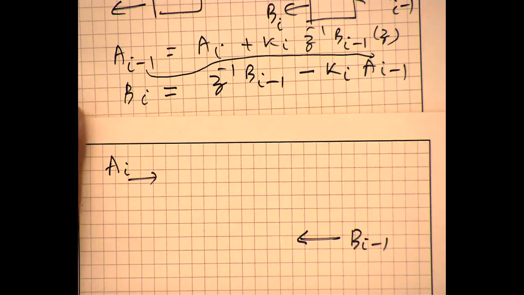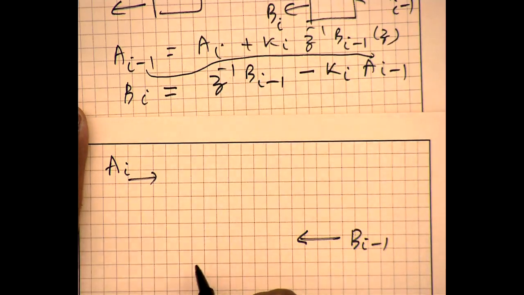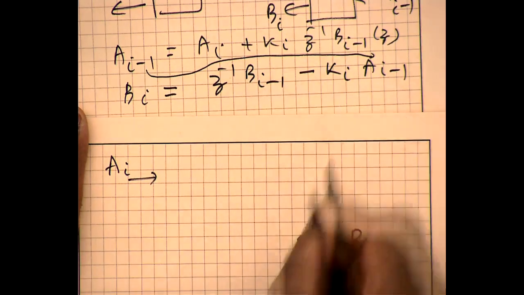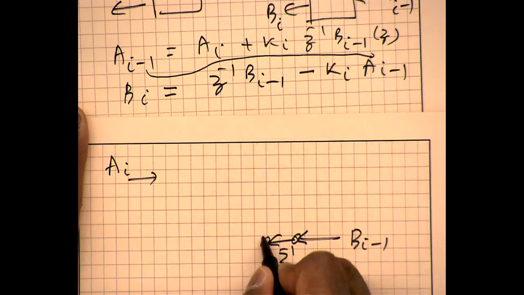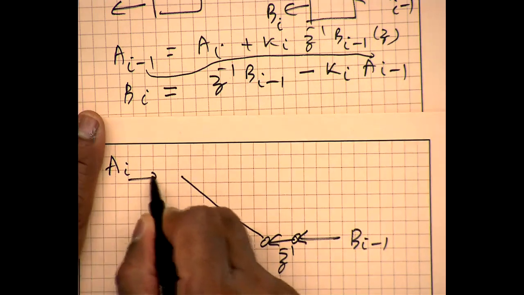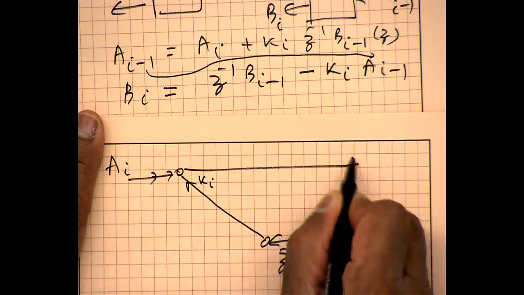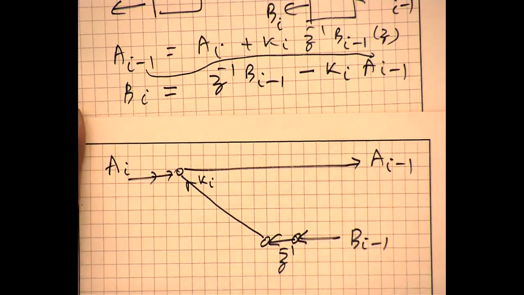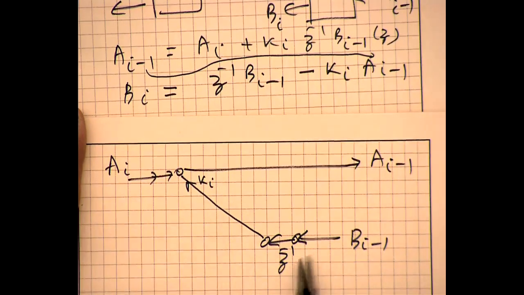Ai minus 1 is Ai plus Ki times Bi minus 1 delayed by z to the power minus 1.